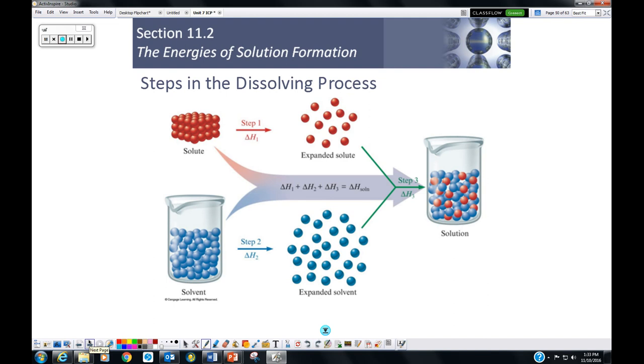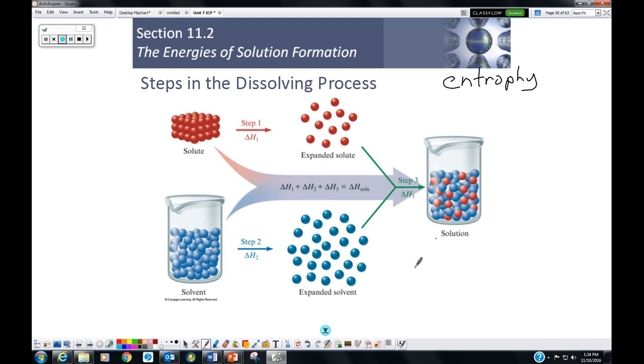So another way to look at this is in a molecular drawing way. And while we're talking about all of this, I want you to keep the word entropy in mind. Did I spell entropy right?